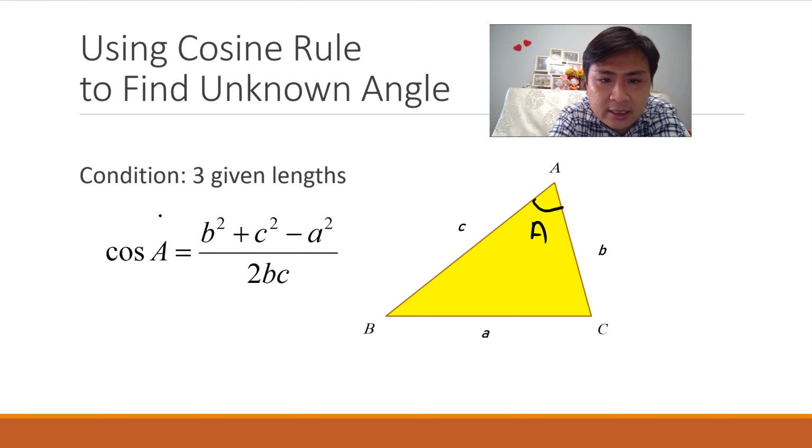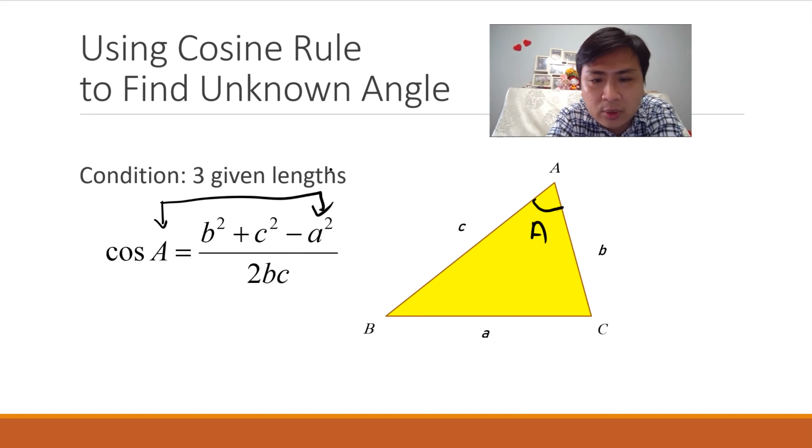Notice that the unknown angle is furthest away from the match length, which is the given length in this question. So cosine angle A will be equals to b square plus c square minus a square divided by 2bc. To find an unknown angle, we'll need all three lengths given to us, and we can use it to find our unknown angle.